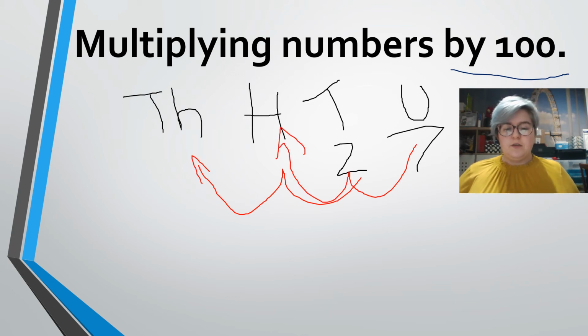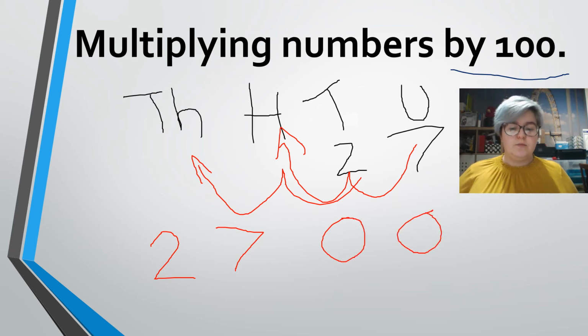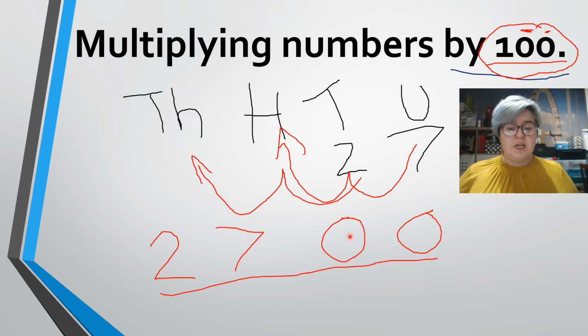So the 2 goes up to the thousands, the 7 goes up to the hundreds. There's 0 tens and 0 units, so it becomes 2,700. Now remember, if you're multiplying by 100, look at the number 100 here. It has 2 zeros, so we know if we're multiplying a number by it, it's going to end in 2 zeros.